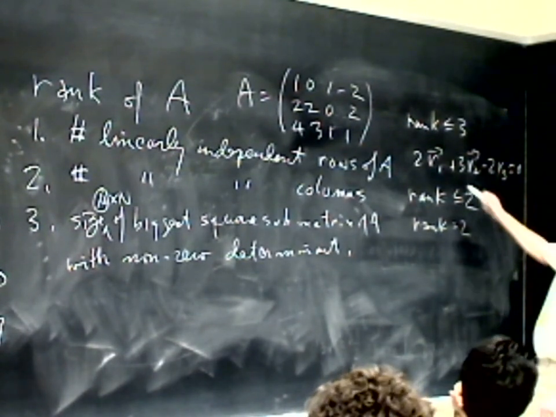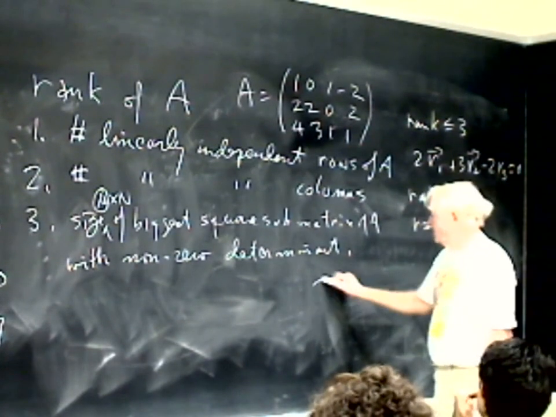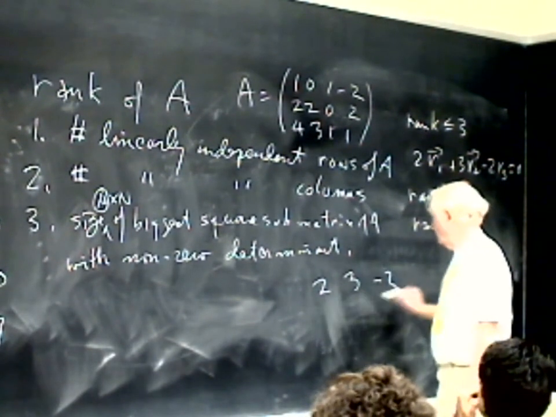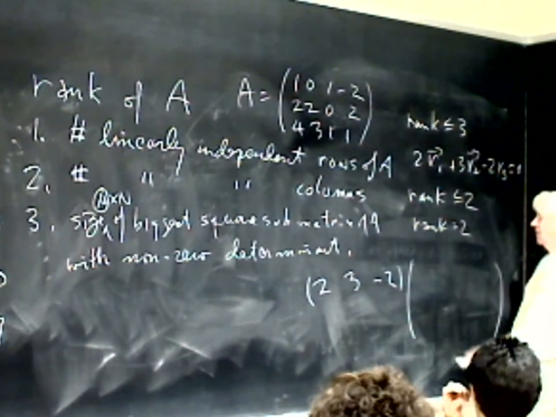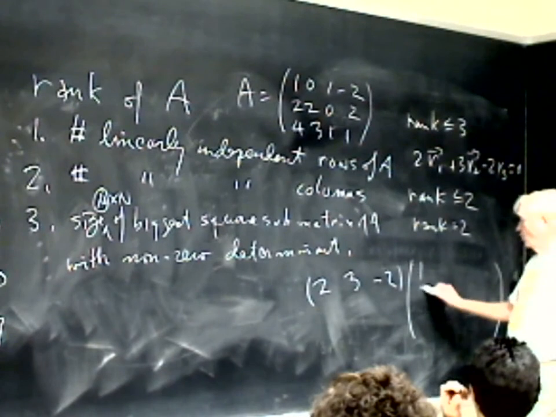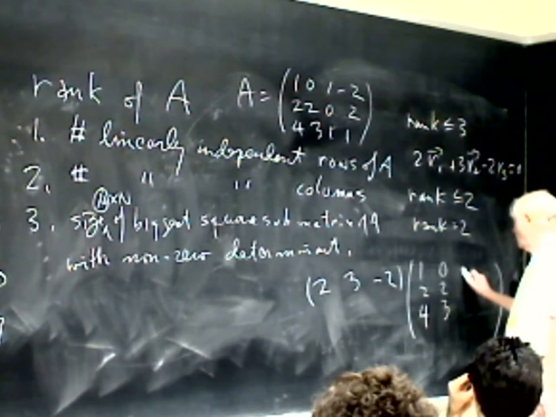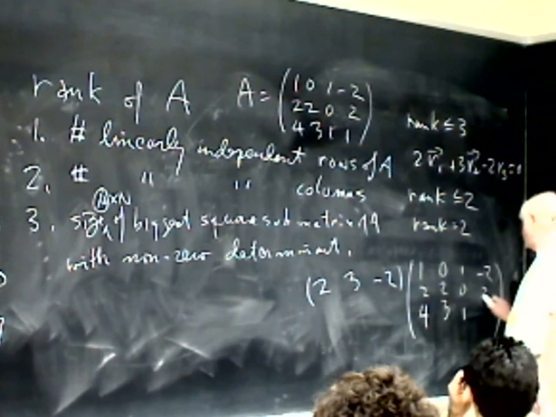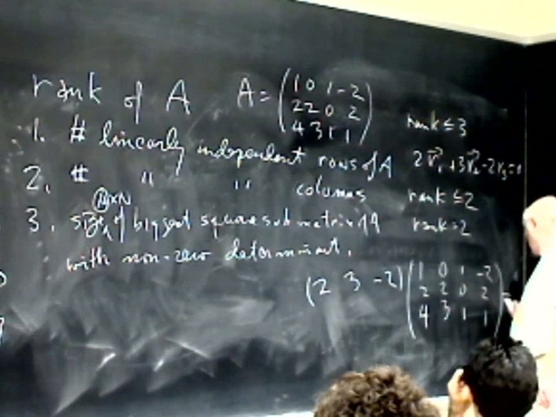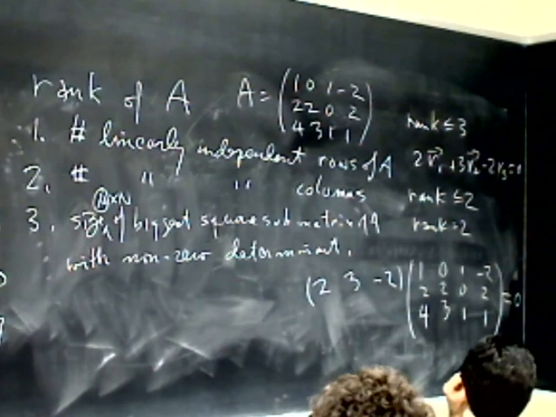And I think that vector is just 2, 3, minus 2. So 2, 3, minus 2, in other words, on the matrix should give 0. I'm sort of extrapolating, so this is not in the notes.